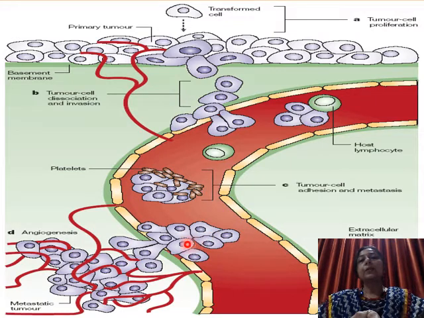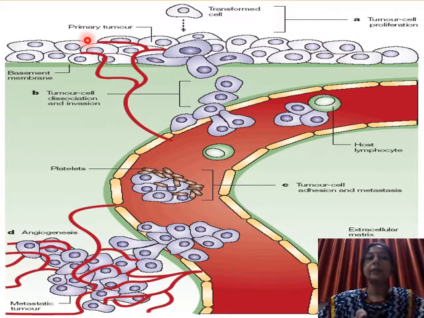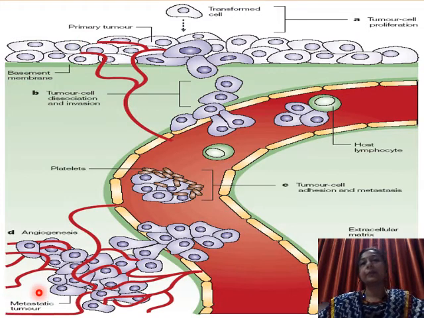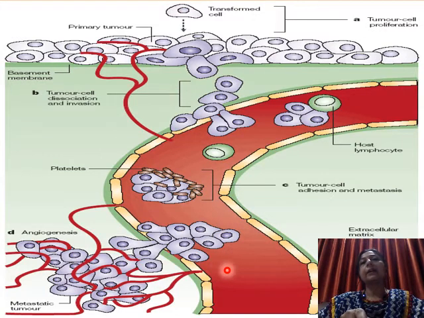Angiogenesis will occur here, and that angiogenesis will nourish the tumor cells at the distant site. So here it is a primary tumor, and here it is a metastatic tumor. This is how the metastatic event occurs in our body, and how the cancer spreads from the primary site to other sites.